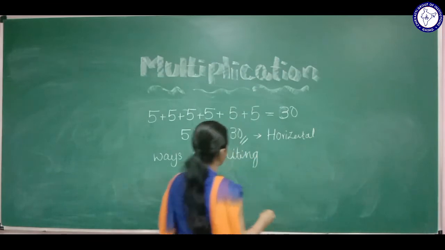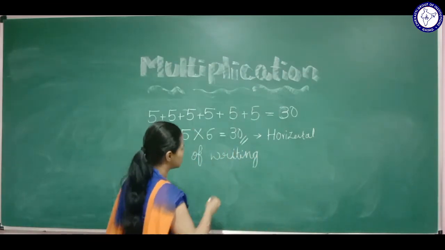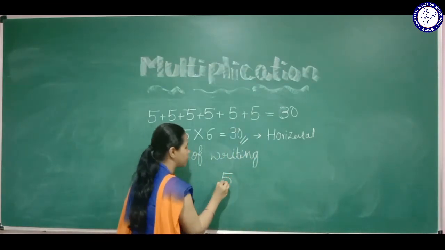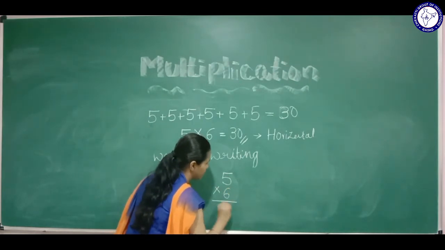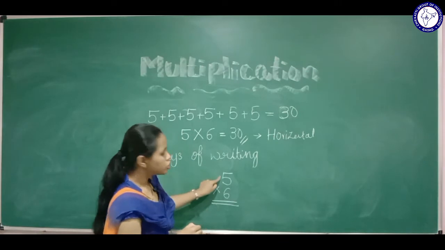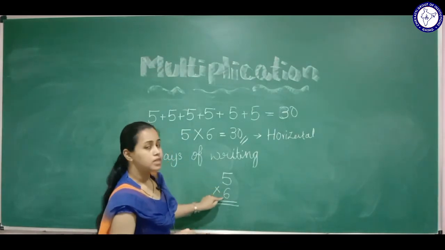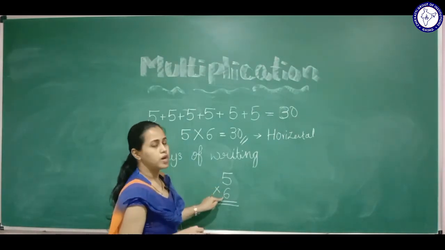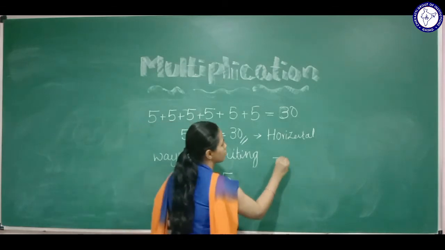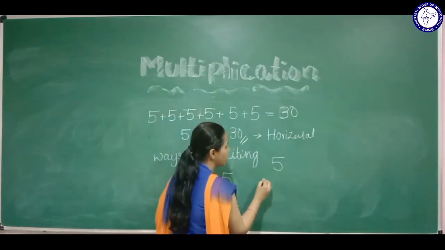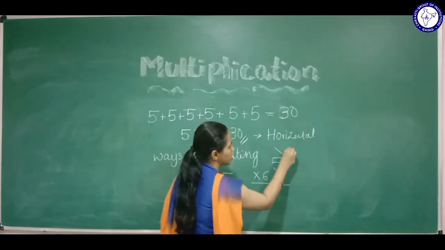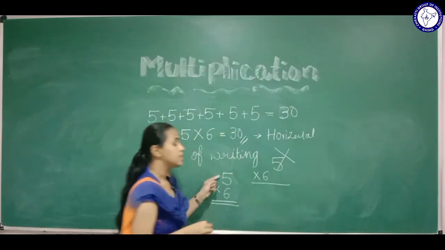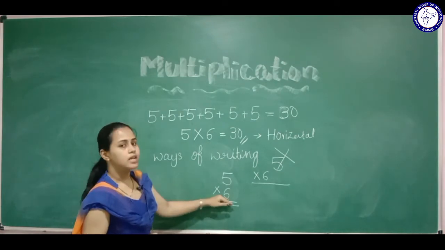The other way we could write is like this: 5 multiplied by 6, right? So it should come under the number. You can't write 5 here and 6 there. This is totally wrong. It should come under the next number only, right?